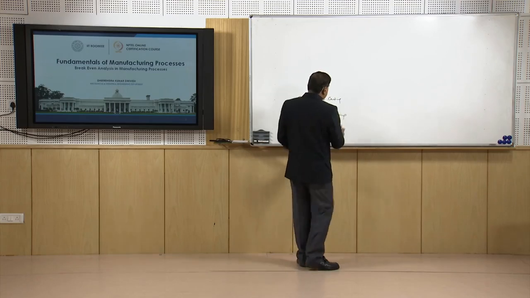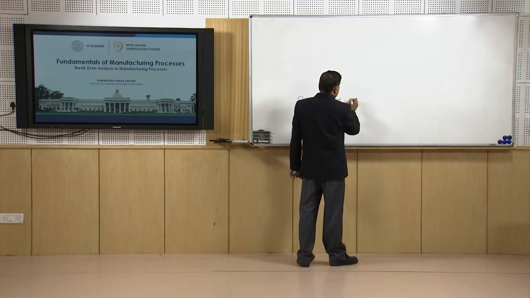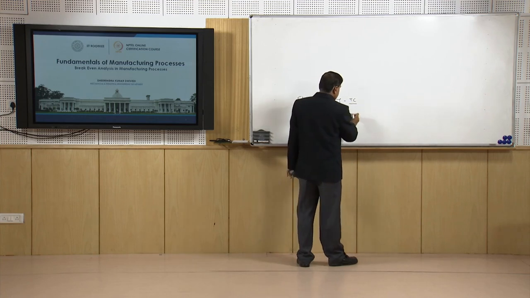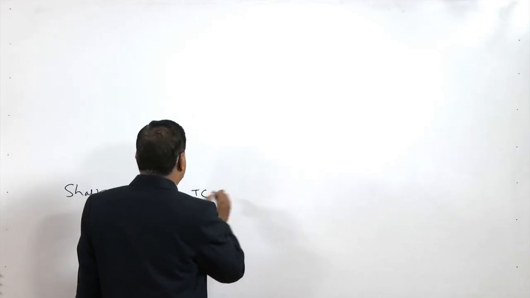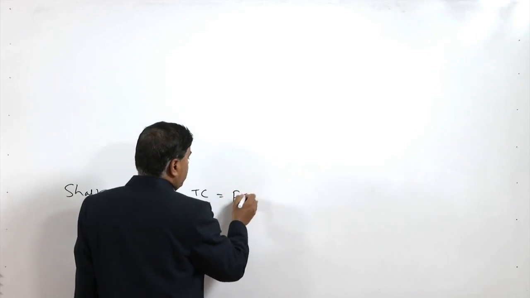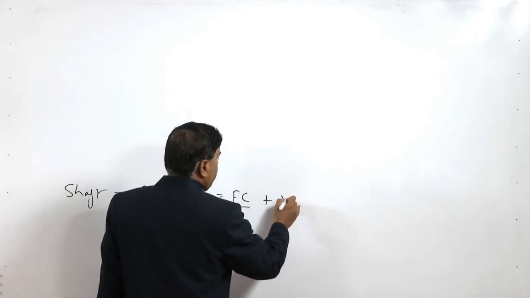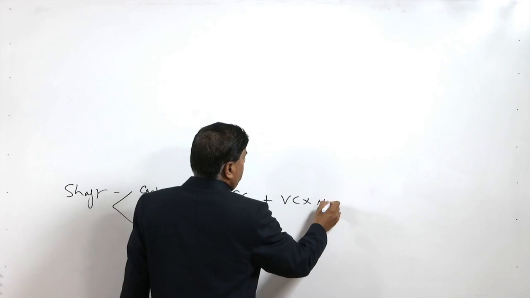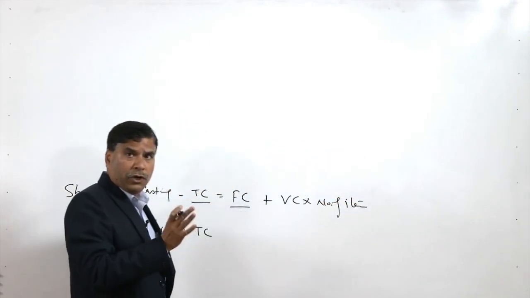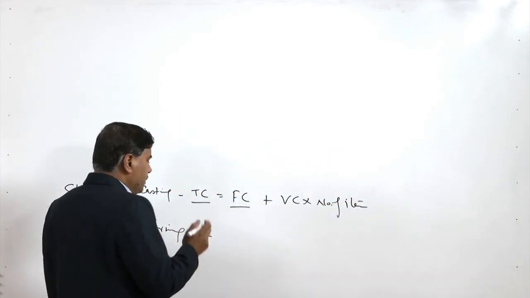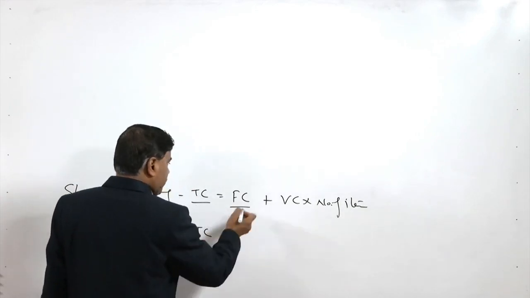So, in this case it becomes simple, like we will be determining the TC for the casting and the total cost for the forming. And how is it determined? Like the total cost, the fixed cost plus the variable cost into the number of items or volume of the units to be produced for the casting.